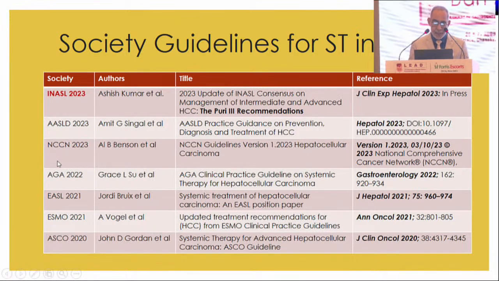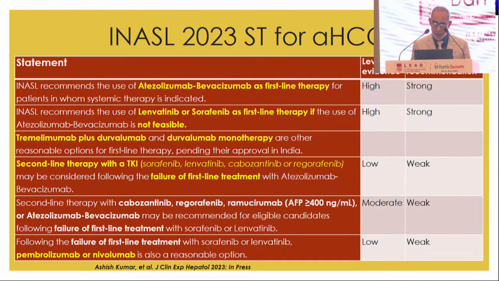The AASLD, the NCCN, the American Gastroenterological Association, and the European EASL, ESMO, and the ASCO guidelines have come in. Since the Indian guidelines have been dealt with thoroughly, I will not be going into this other than stating that atezo-bev is the first line therapy that is recommended in case there are no contraindications for this therapy. And in those in whom this cannot be used, lenvatinib or sorafenib is the first line therapy.